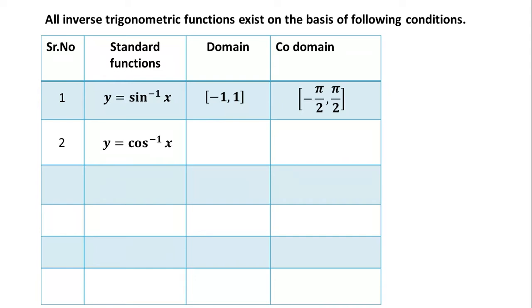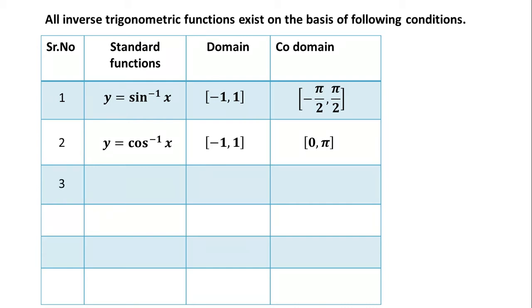Second function is y is equal to cos inverse x. It is an inverse of the cos function. So see the domain: the domain is closed interval minus 1 to 1 and the codomain is closed interval 0 to pi. Remember this.